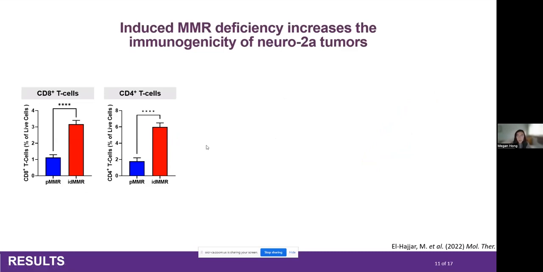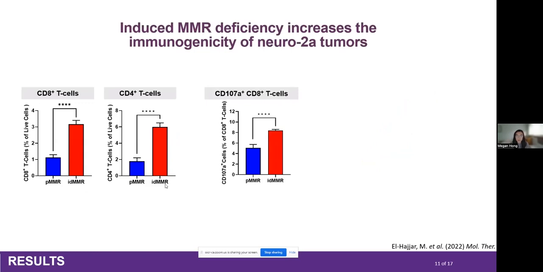Among the CD8 T cells within the induced mismatch repair deficient tumors, these cells also exhibited increased cytotoxic potential, shown by an increased presence of CD107 expressing CD8 T cells.